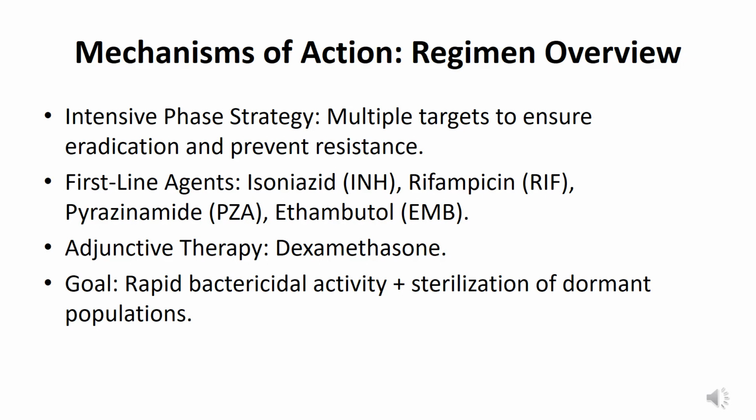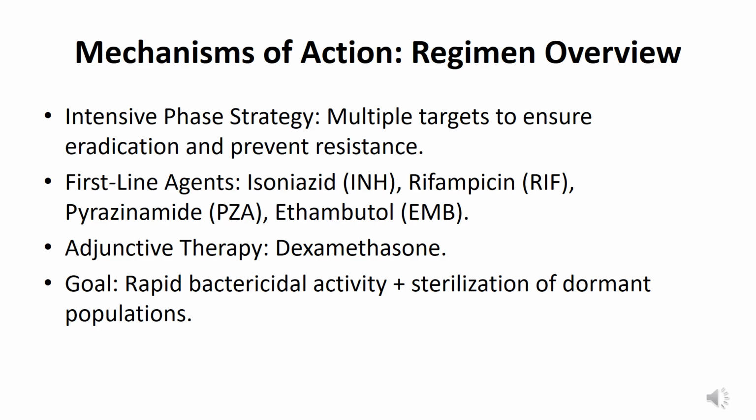Dexamethasone, a corticosteroid, is commonly added to treatment. Unlike the anti-TB drugs, dexamethasone does not kill Mycobacterium tuberculosis. Instead, it helps reduce inflammation, cerebral edema, and tissue injury within the central nervous system.